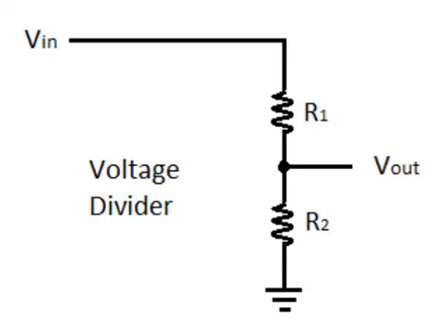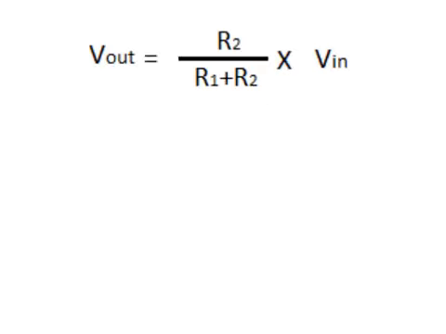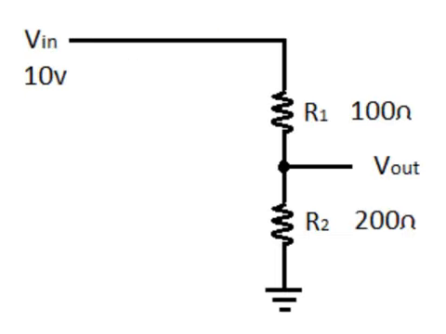The voltage of Vout is proportional to Vin according to the ratio of the two resistors, R1 and R2. Here's the formula to determine that output voltage. Output voltage equals lower resistor divided by the sum of the two resistors multiplied by the input voltage.